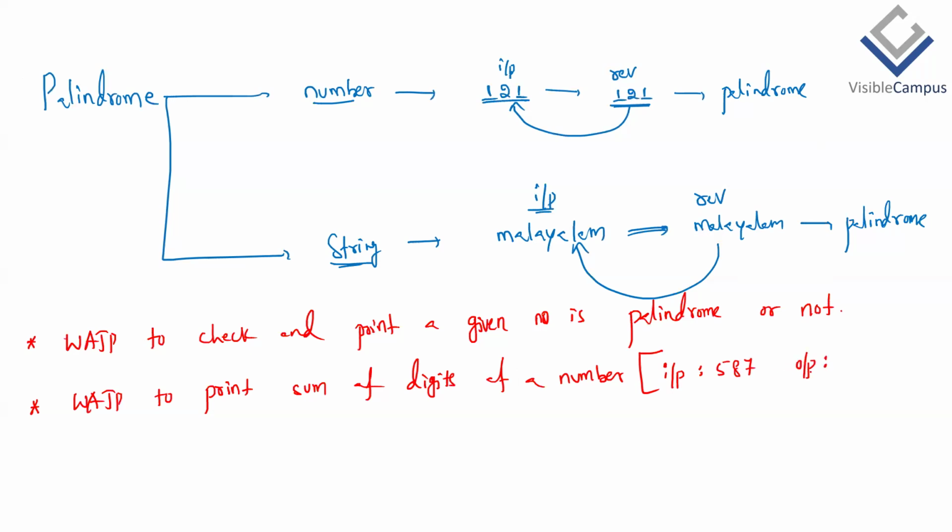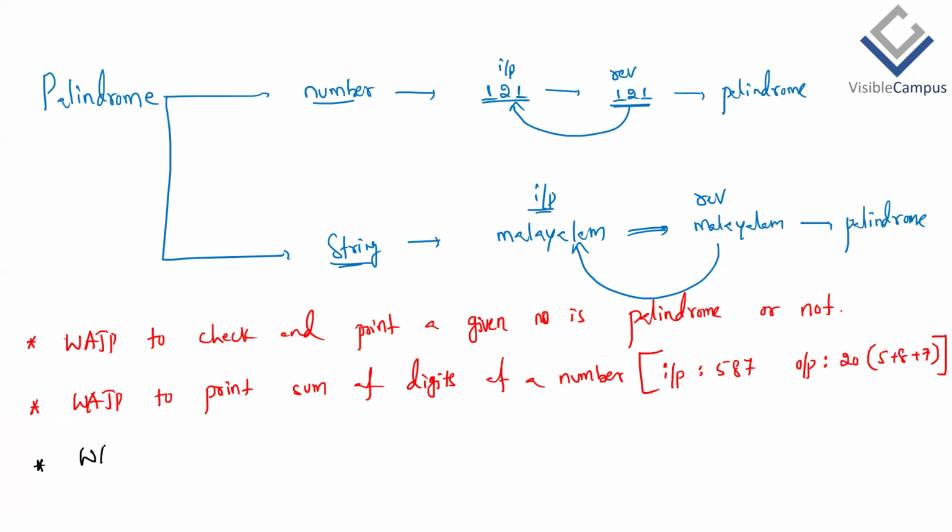The output has to be 20. What's the meaning of it? 5 plus 8 plus 7 or 7 plus 8 plus 5. And the logic has to be generic. If I give a 10-digit number also, your program has to print sum of all those 10 digits. Understood?